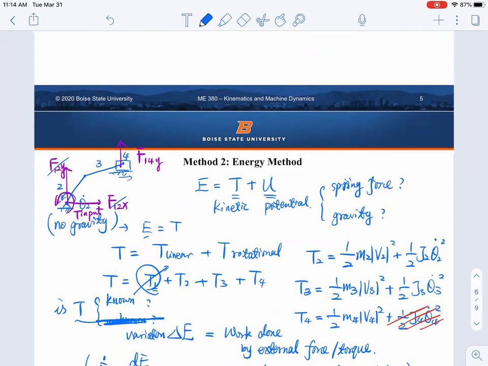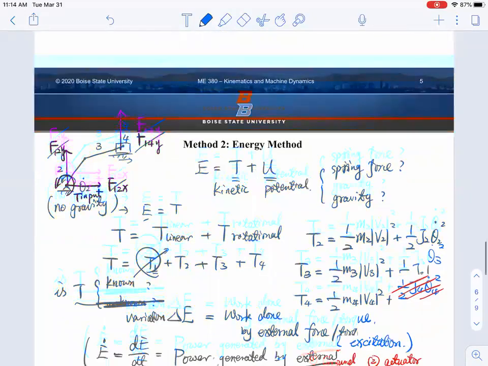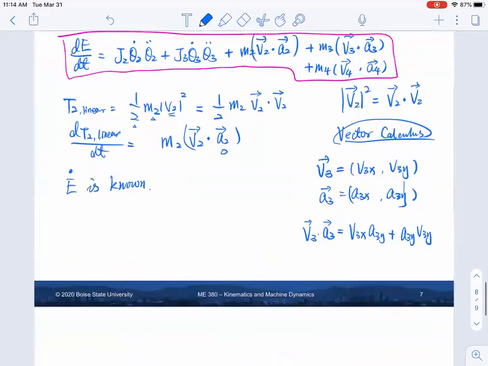But the moving direction is perpendicular to this normal force, so it also gives you no power. So the only thing that gives you an input power is the input torque over there. So your external power equals T input times displacement.